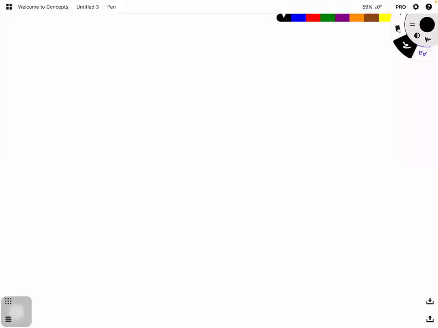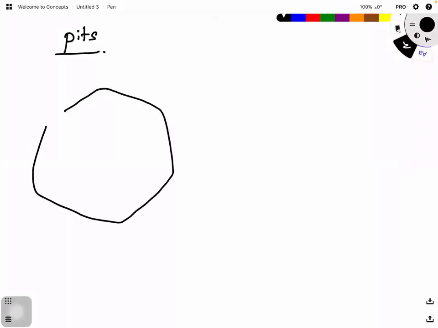So let us look at these pits. Okay, so what does pits mean? If you look at the pits, basically, I can draw two cells. Okay, this is the first xylem vessel element, and we have another xylem vessel element.